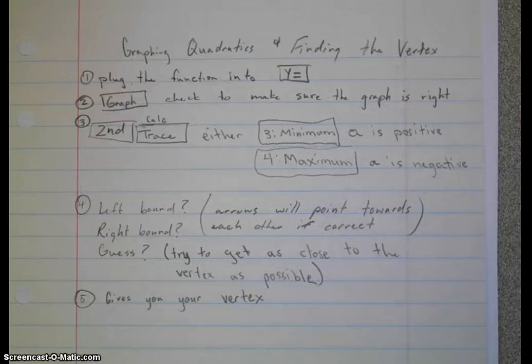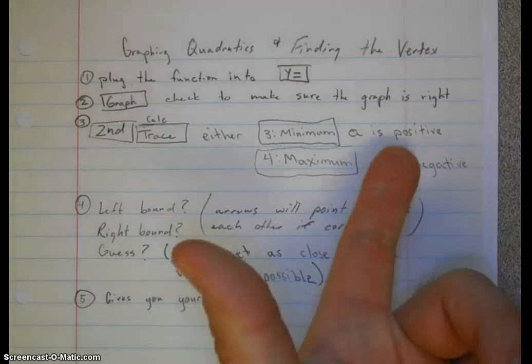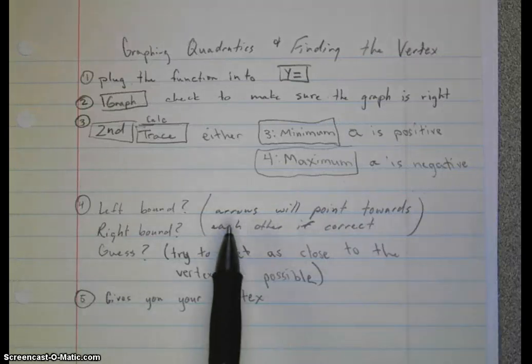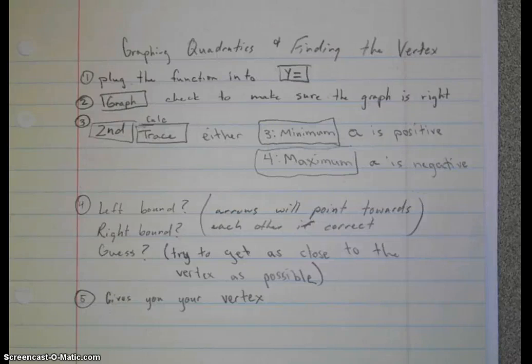The third thing we did is we hit second trace. That allowed us to calculate either the minimum or maximum depending if our a was positive or a was negative. The fourth step is we were asked, what is the left bound? We want to make sure that flasher is on the left side of our vertex, and then we'll hit enter.